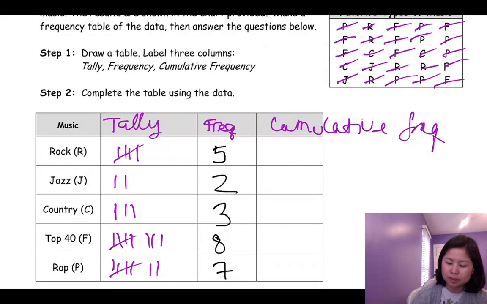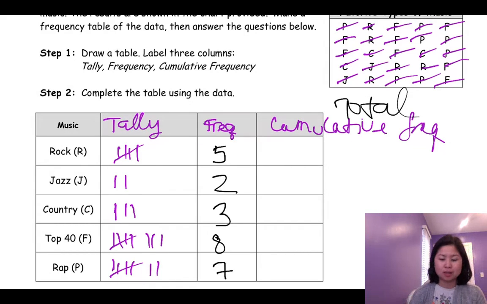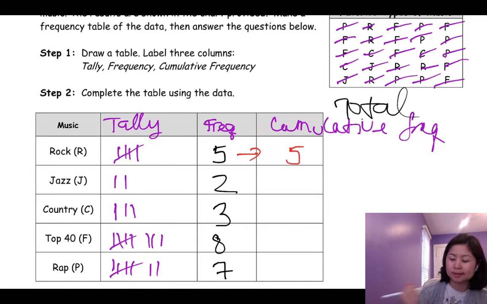Cumulative frequency means the total of all the frequencies added together. The first one is always the same. On your summative, I will ask you to create the frequency table, then the frequency and cumulative frequency. To get to the next one, keep in mind, cumulative means total.